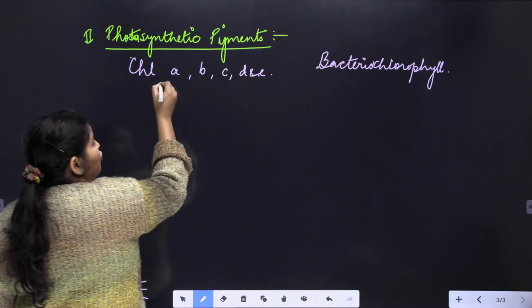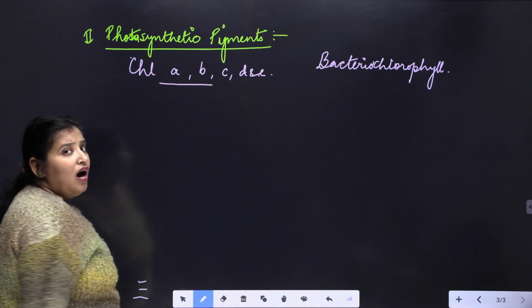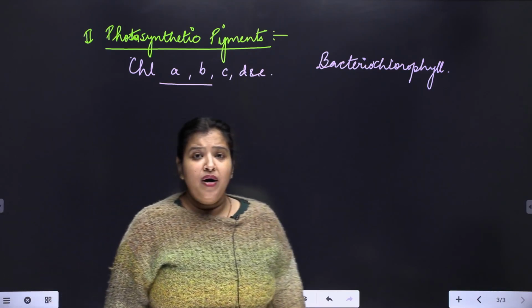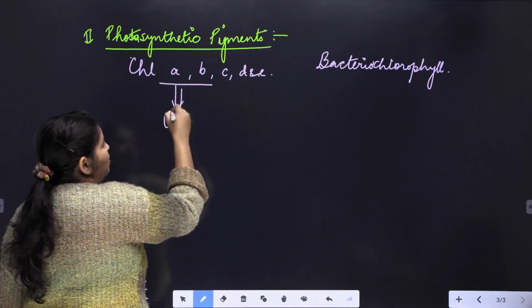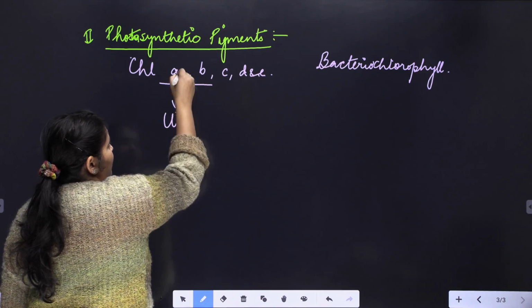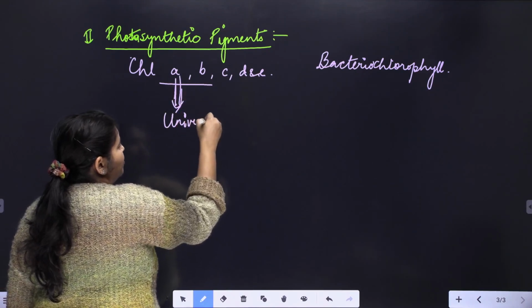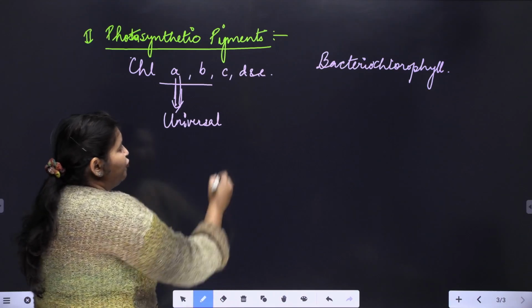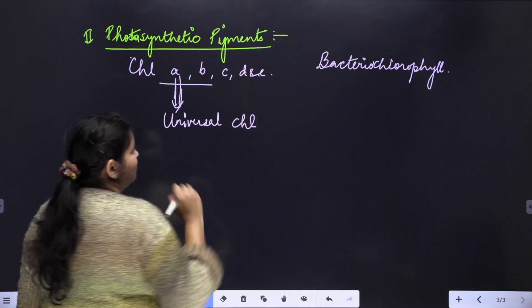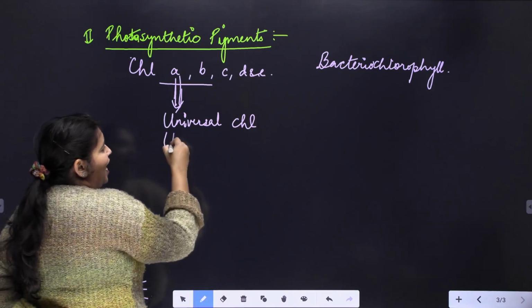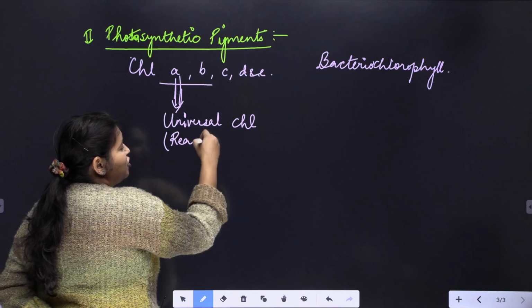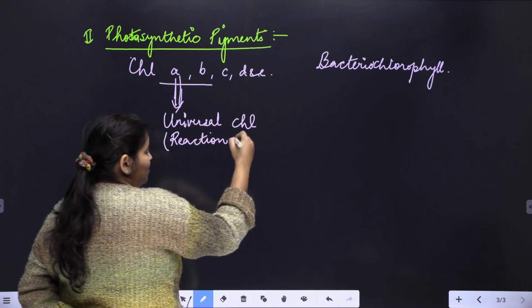Now, out of this, chlorophyll A and B are the most abundant ones, and A is the most universal chlorophyll pigment, because chlorophyll A has the reaction center.